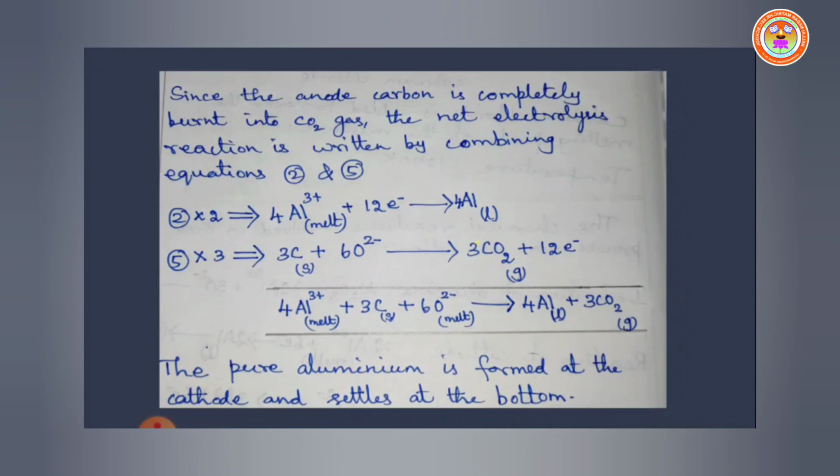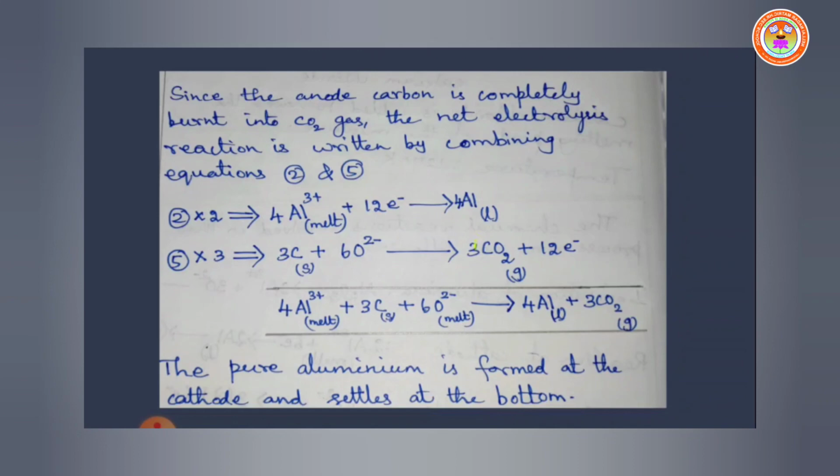Since the anode carbon is completely burnt into CO2 gas, the net electrolysis reaction is written by combining equations 2 and 5.